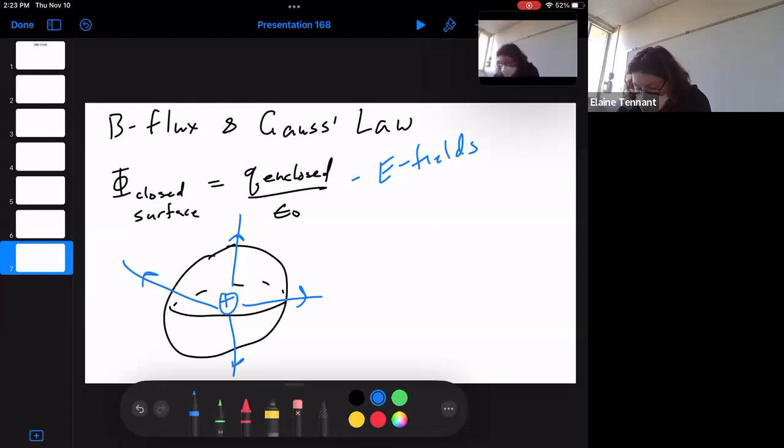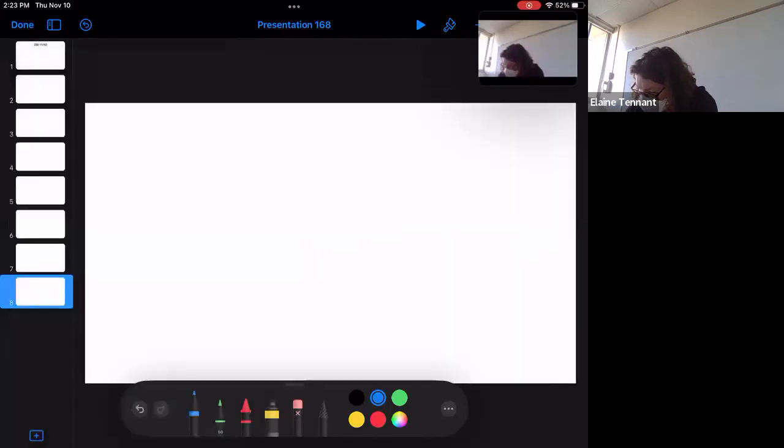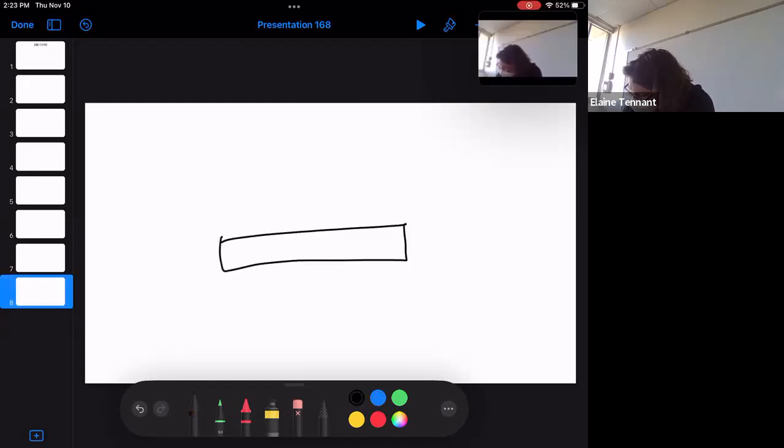Let's kind of think about what it would be for magnetic fields. So if I had a magnet, and let's just draw our magnet. One of the things you guys told me when we started the magnetism part of this curriculum is that all magnets have a north and a south side. If you cut it in half, you didn't get just the north side, you got two smaller magnets.